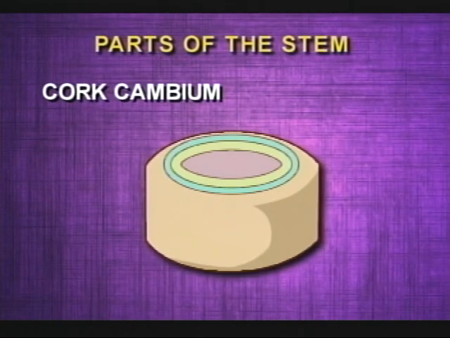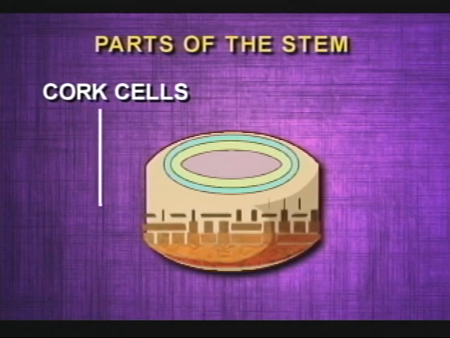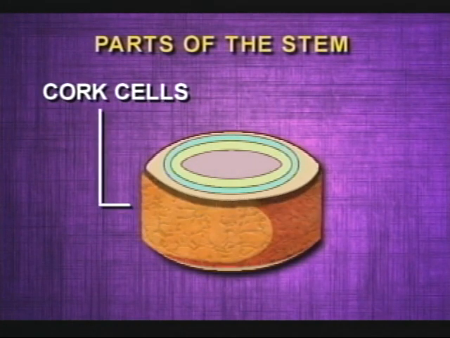Some cells in the cortex develop into the cork cambium. The cork cambium is the lateral meristem composed of actively dividing cells which produce the cork cells. The cork cells form the outer exposed part of the bark.